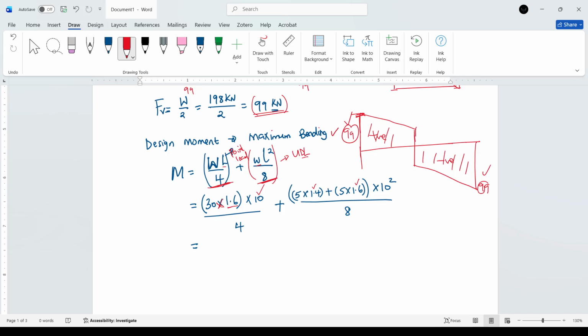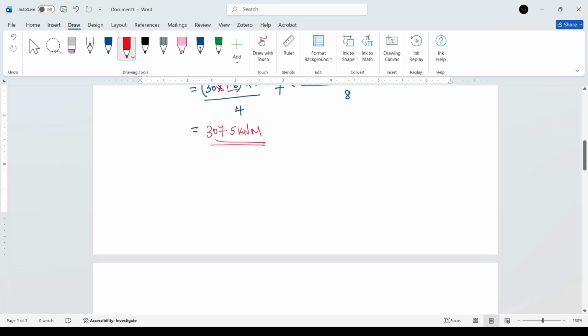When you do that, what did you get? Yes, 7.5. Close the bracket. I got a syntax error, but it's okay. Let's use yours. 307.5 kilonewton meter. Isn't it? Okay. So we make progress.